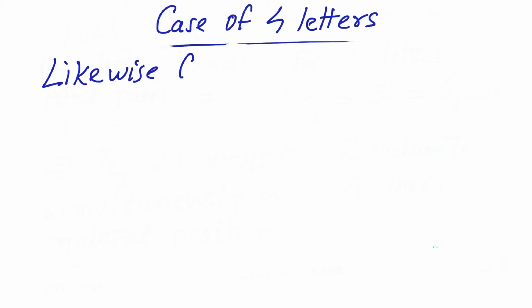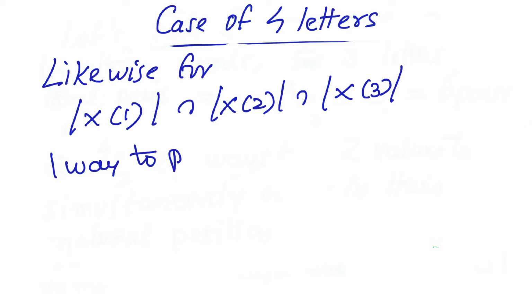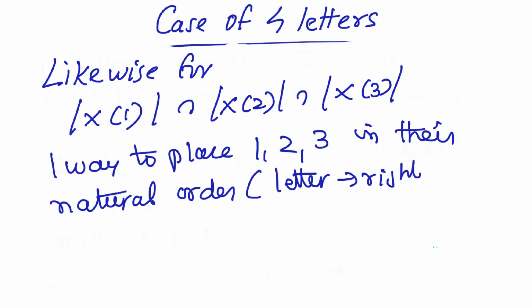Going on further, likewise for x1 intersection x2 intersection x3, what is the case in this particular situation? Of course, once again, it can be easily seen that there is one way to place the letters, or the values 1, 2, 3, in their corresponding natural positions, and the remaining is the 4th letter.